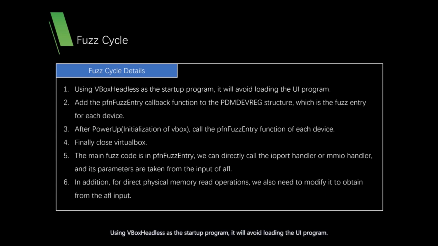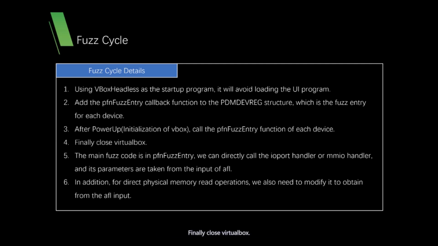First, using VBoxHeadless as the startup program, it avoids loading the UI program. Second, I add a pfnFuzzEntry callback function to the VMMDev register structure, which is a fuzz entry for each device. After power up, I call the pfnFuzzEntry function of each device.